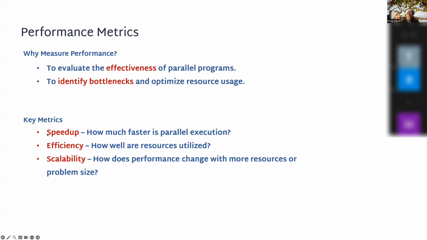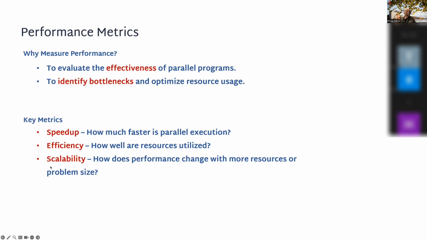We can define three important metrics. The first metric is speedup, which answers the question: how much faster is the parallel execution? Then we can define efficiency, which means how well we are using the hardware resources in our system.